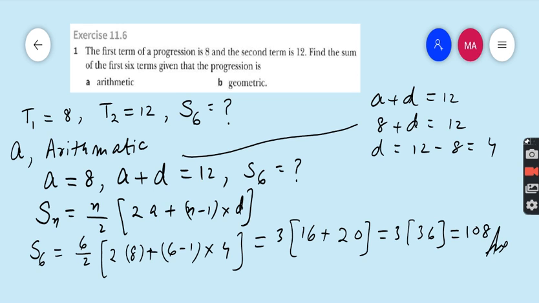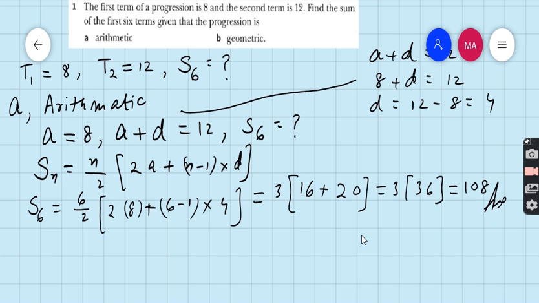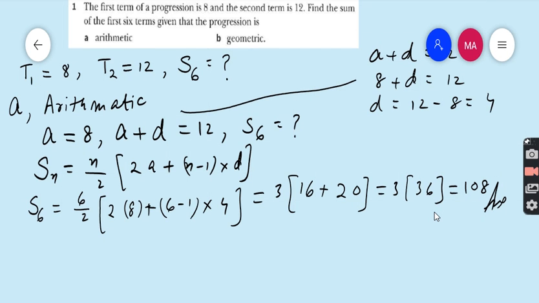Now part B is when the progression is geometric. So when the progression is geometric, we say the first term is A, that is 8, and the second term is AR, that is 12. From here we can easily find r.